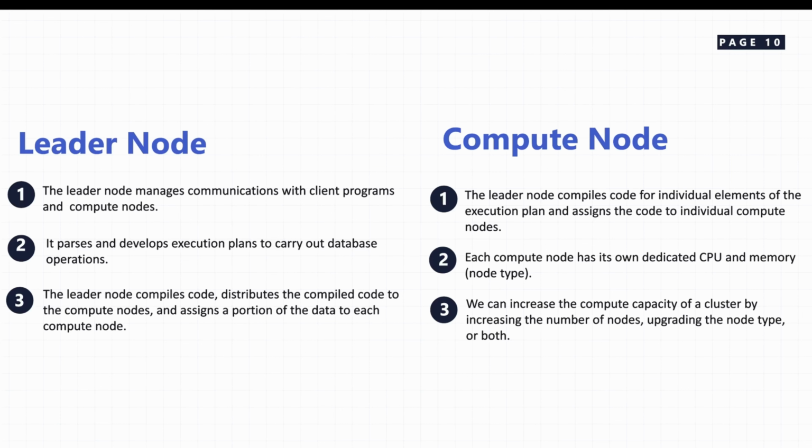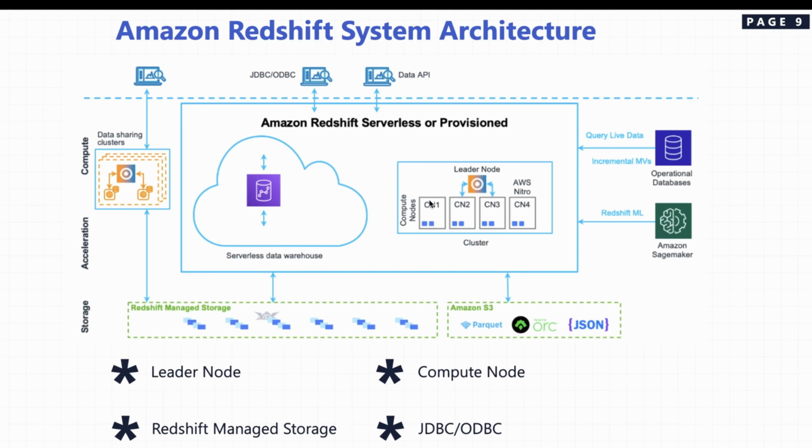If we summarize the leader node and compute node, let's see this diagram first. Suppose you give a query: select employee number from the employee table. It goes through JDBC ODBC to the leader node. The leader node takes your query and makes an execution plan. It also divides your query into small chunks and gives small tasks to each compute node.